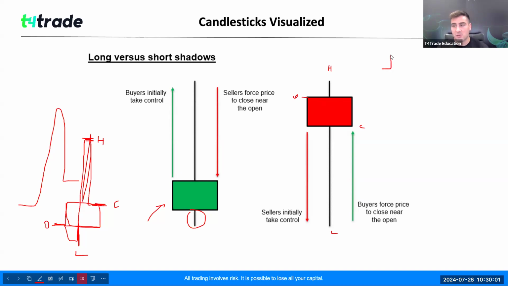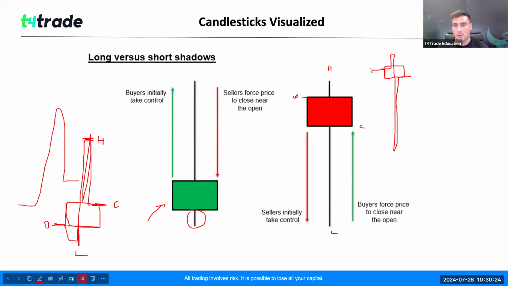The bears said no, not gonna go that way, we're gonna come back down, and pushed it to the lowest of the day. But the bulls entered the picture. They saw this as a deep buying opportunity, and they reversed the course back up to this point where we see the close. Okay, once again.